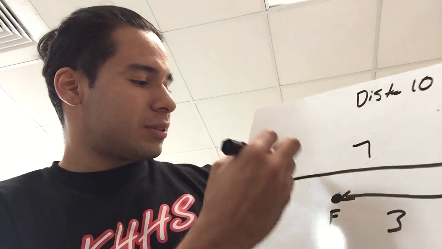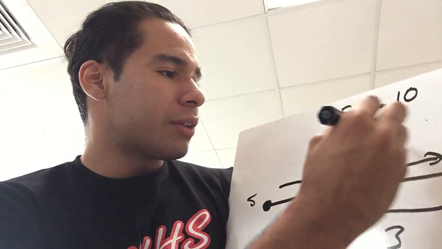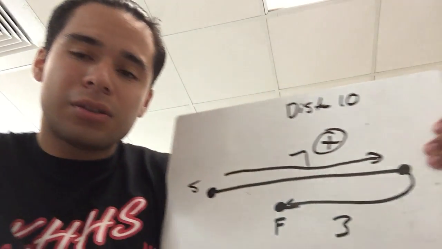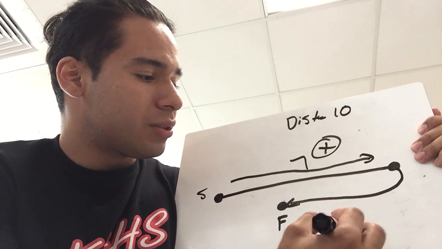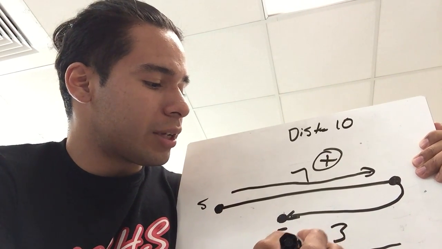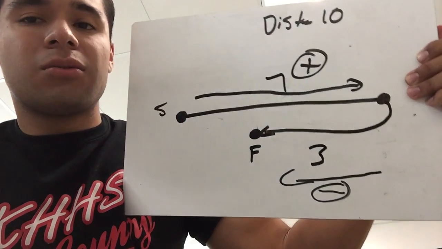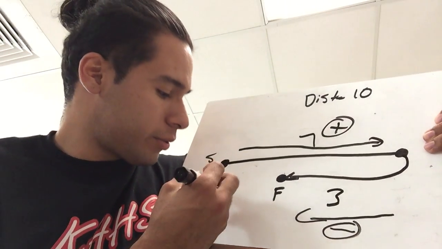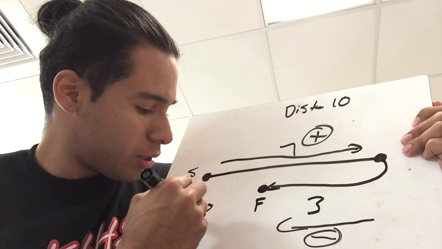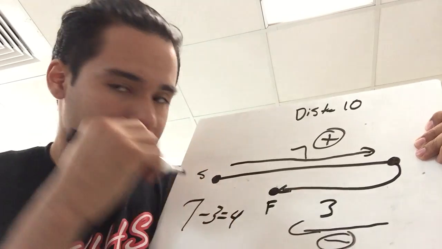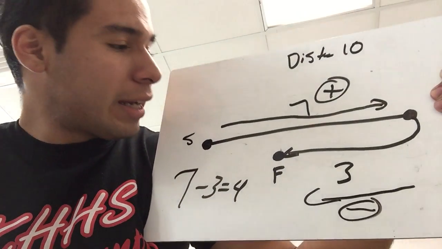So, since this is traveling to the right, that's traveling in the positive direction, right? And then you backtrack 3, so this is traveling back in the negative direction. So then what we're gonna do to find our displacement is do 7 minus 3 equals 4.